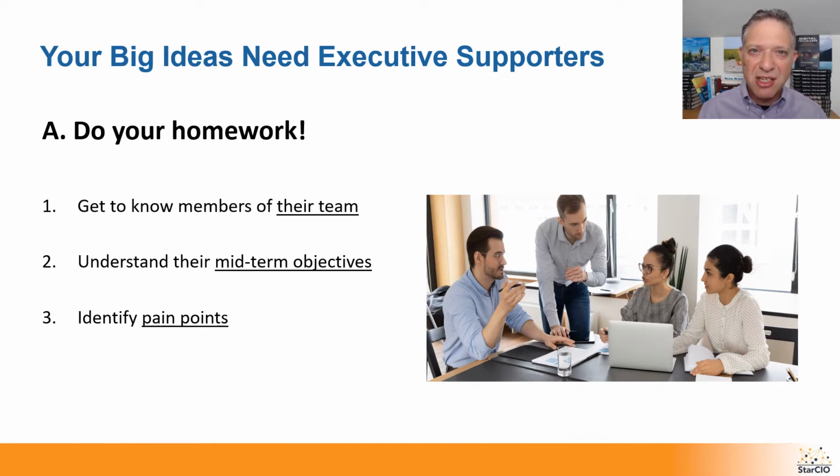You want to understand some of their pain points. What are some of the things that are hurting their capabilities, their goals, and their objectives? And you really want to understand who are the key decision makers and influencers in that executive's program. So that's going to give you a starting point for understanding how to bring your idea to their context.